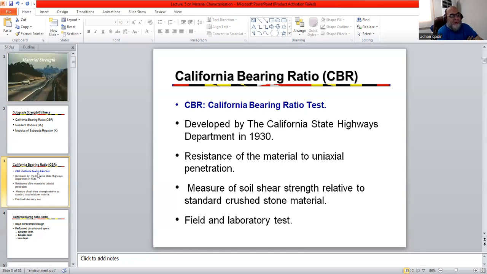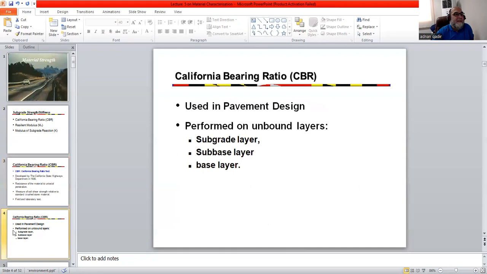It measures the strength of the soil relative to the standard crushed stone material. This test can be done in the laboratory as well as in the field. It is not limited to the subgrade layer, but the test procedure can be applied for getting the suitability of a subbase layer as well as a base layer.